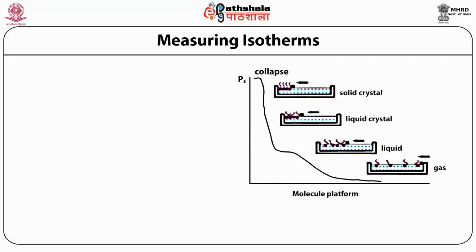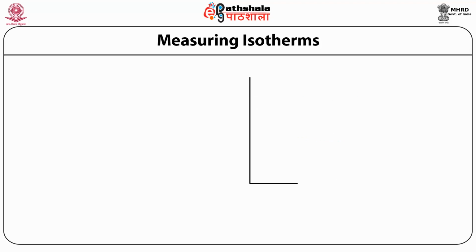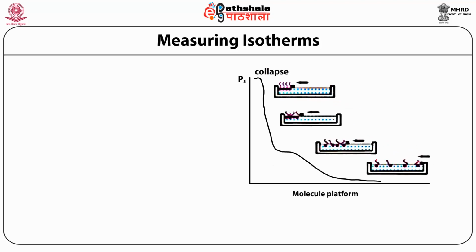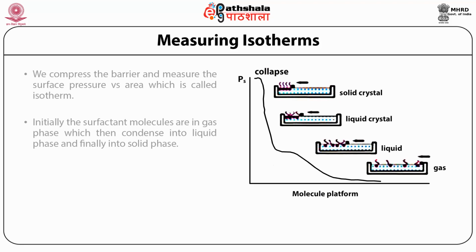They are trapped on the surface, of course, but they have no interaction among themselves, just like gas molecules do not have. Then we start compressing the barriers and start reducing the surface area.